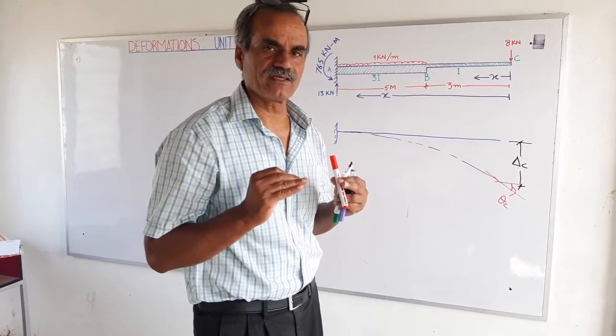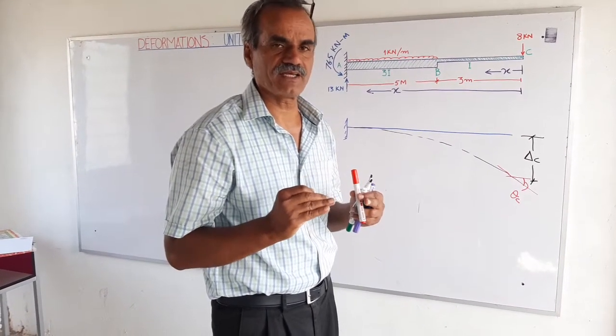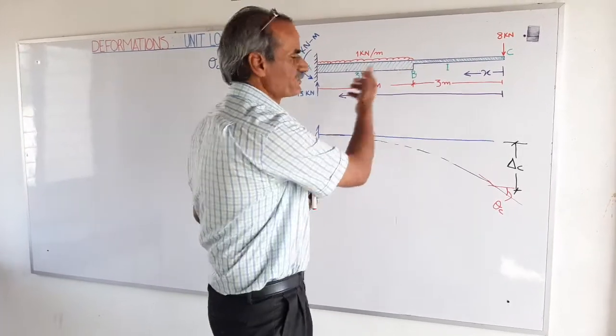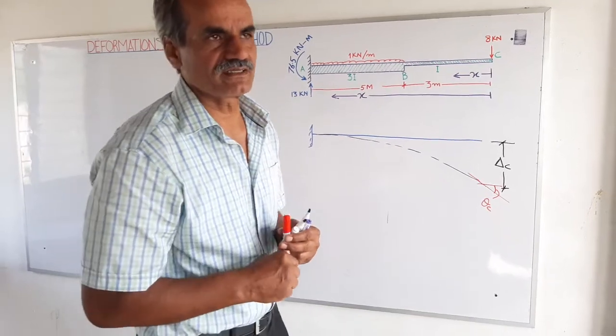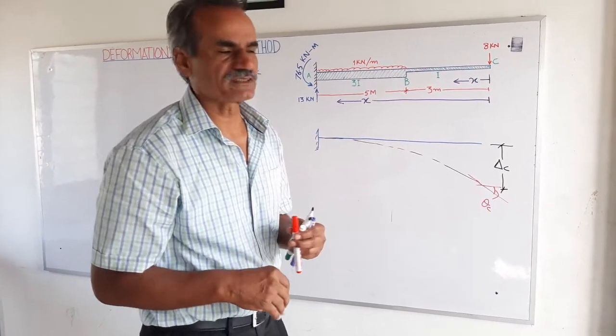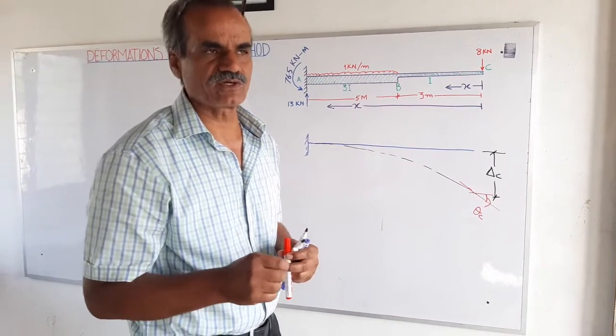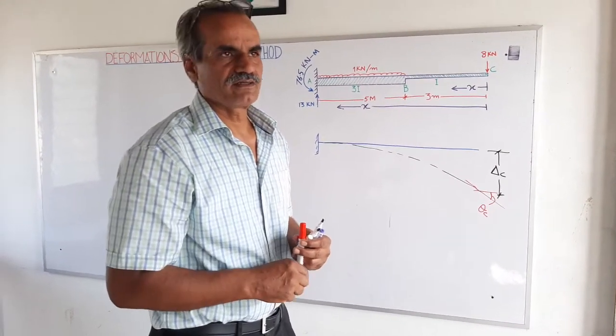Then we find the product of small m and capital M. Capital M is the bending moment equation under the service load, and small m is the bending moment equation under the unit point load or unit moment.